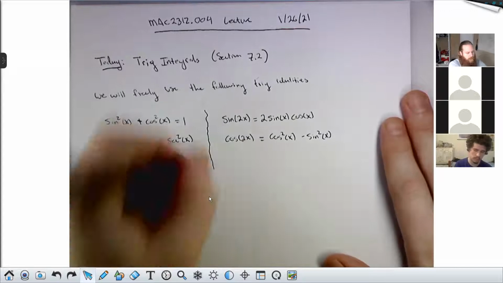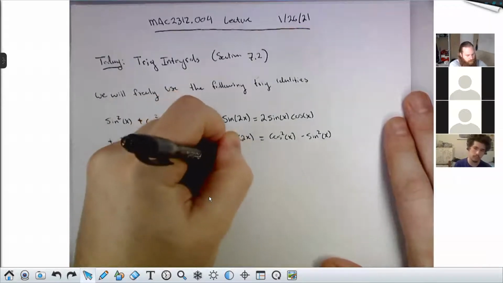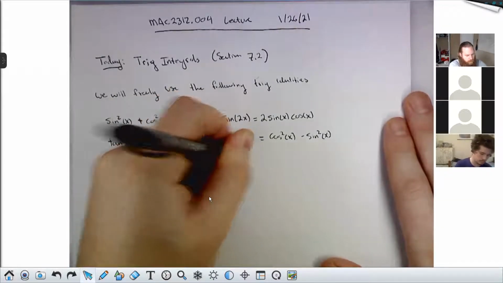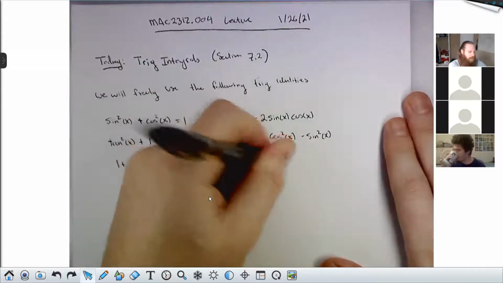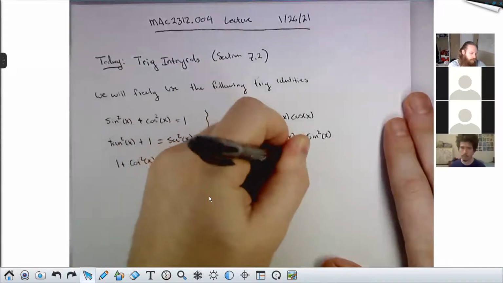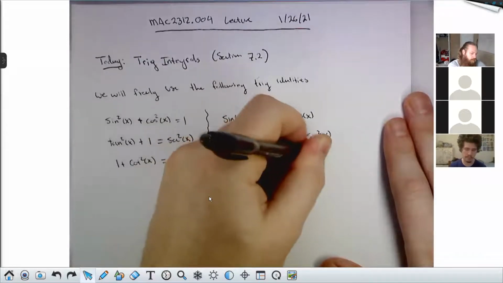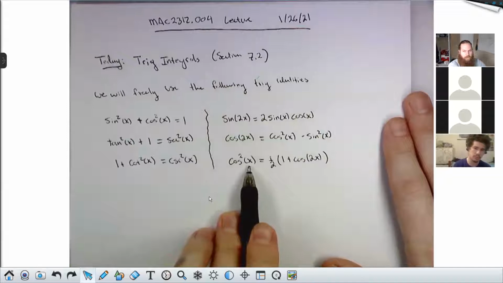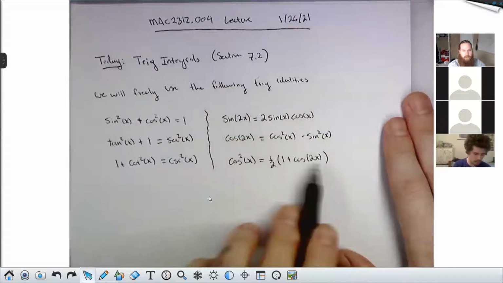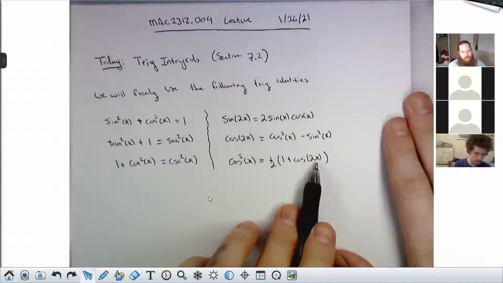And then there's also some half angle identities, and we'll use these a lot. The half angle identities look like this. Cos squared x equals 1/2 times quantity 1 plus cos 2x. This is called a half angle identity because the x is half of the 2x.